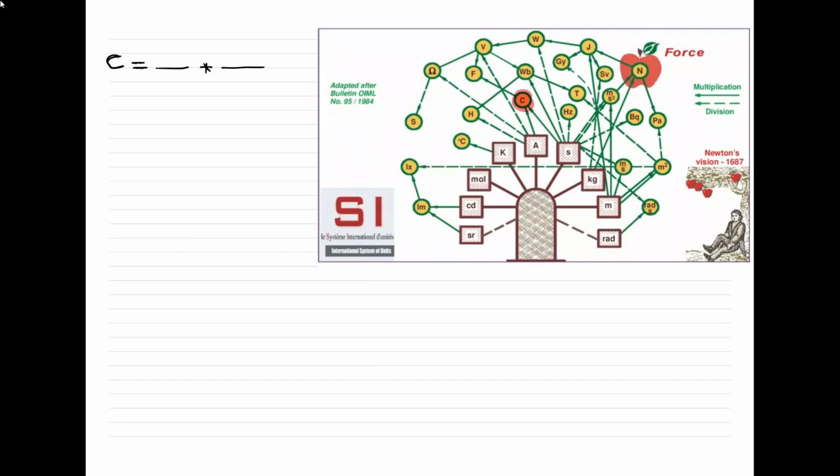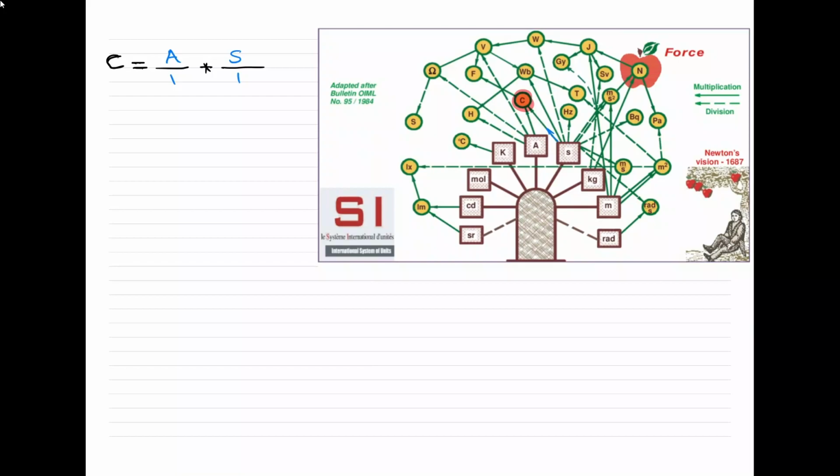And let's see the first arrow. The first one comes from ampere as a solid, so we will put it in the numerator, ampere divided by 1. And the second arrow is coming from the second, and it's solid again, so we will put second divided by 1. Now, it says check whether you reach the base unit or not.